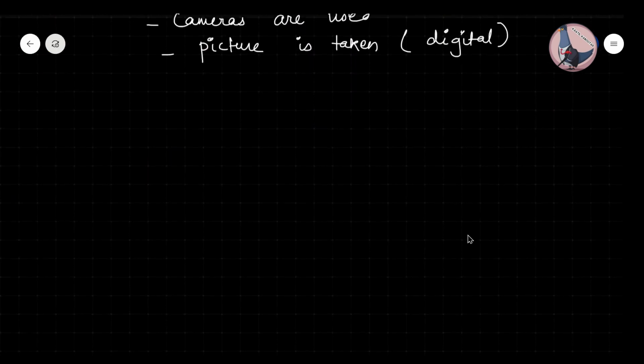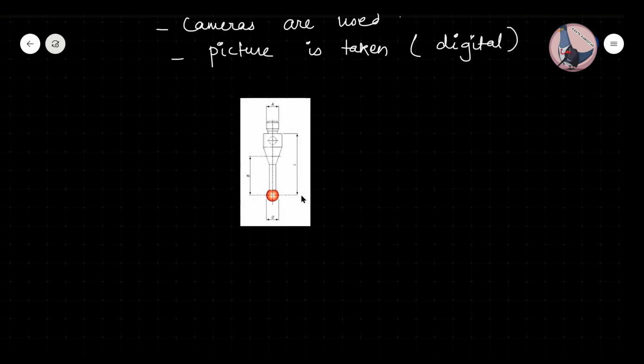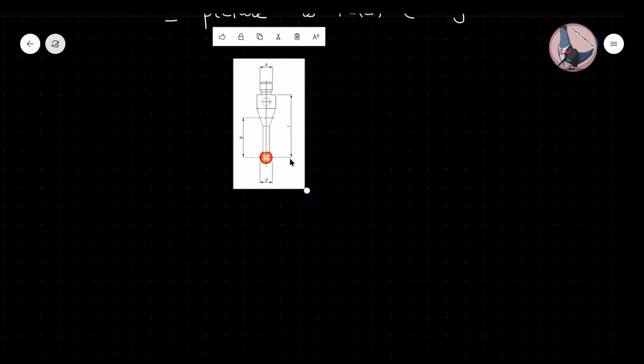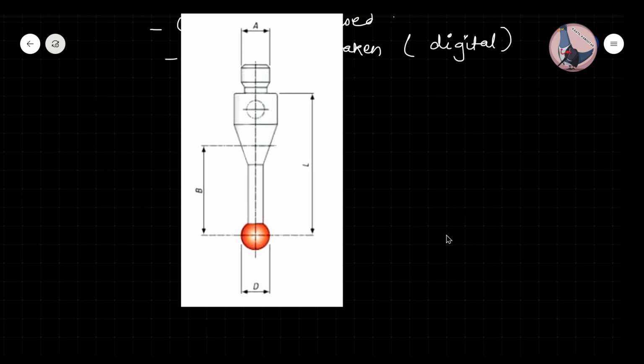So we'll be talking now about the probe head. Sorry, not the probe head, we will be talking about the probe and stylus now, because the probe head is again not a very interesting topic for us. Now see, this is the ball.